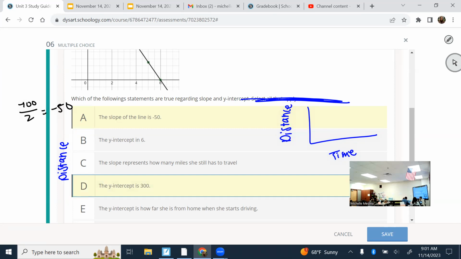The slope represents how many miles she still has to travel. So remember slope, what's another word for slope? Another phrase for slope?